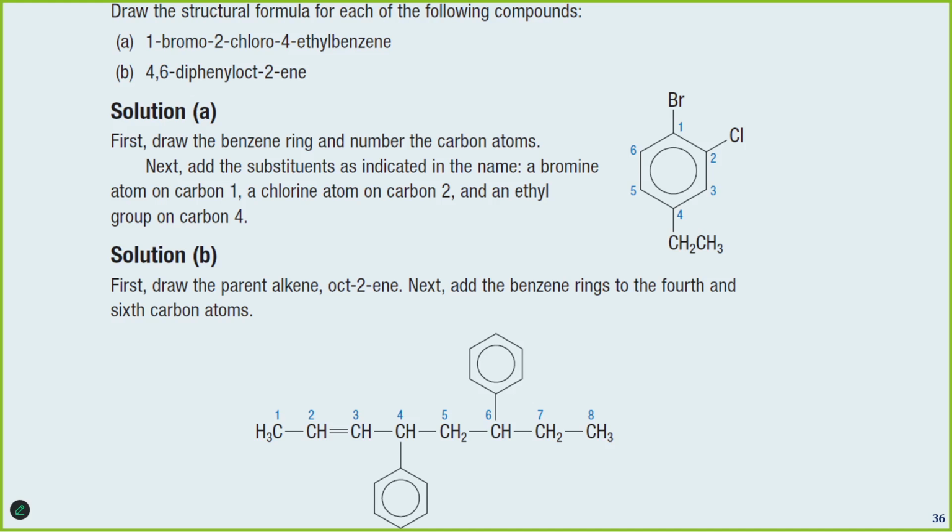Okay, any questions? Alright, make sure you're able to name and draw the aromatic compounds, okay?